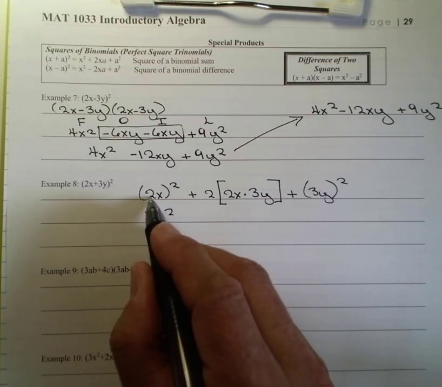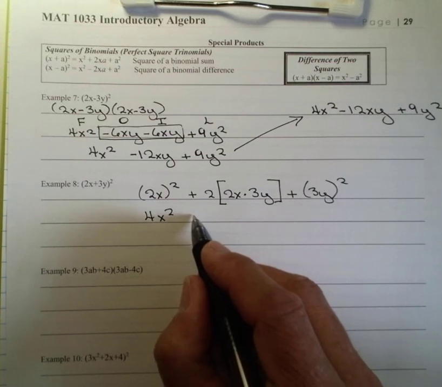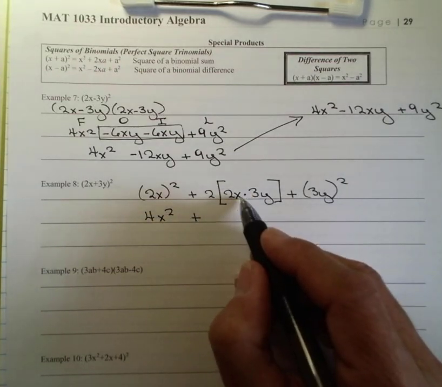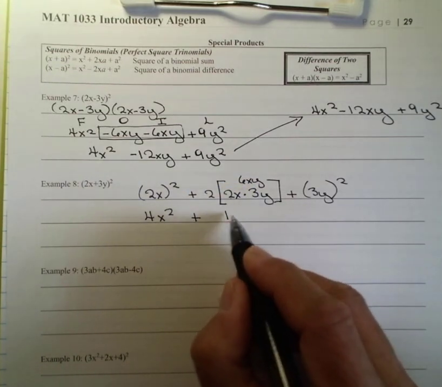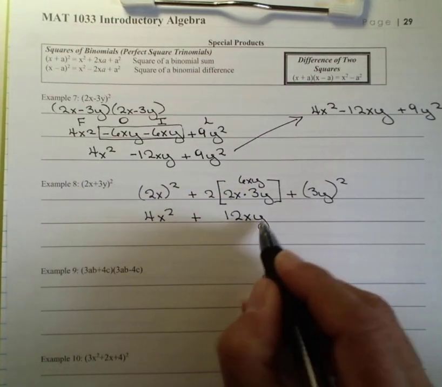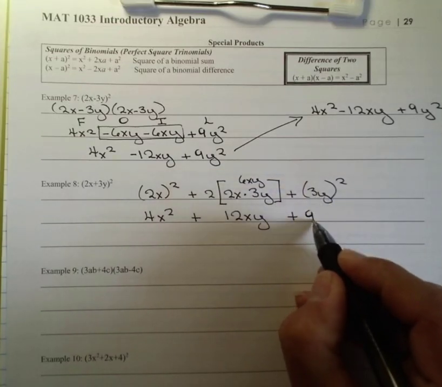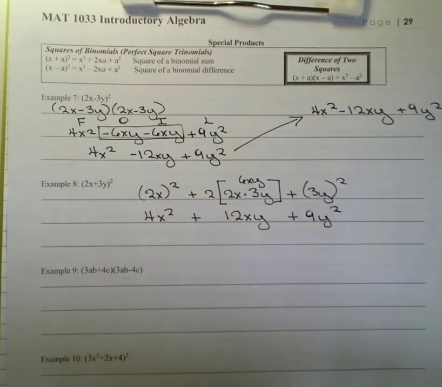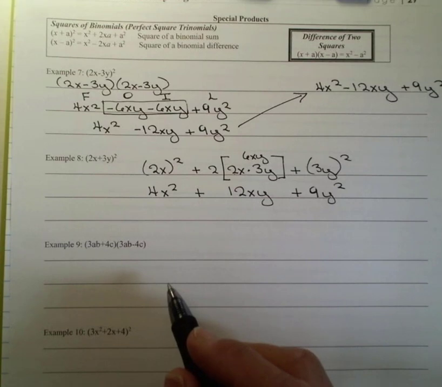Don't forget, you have to square the coefficient too. Plus, 2x times 3y gives me 6xy, times 2 gives me 12xy. And down here, 3 times 3 is 9, y times y is y squared. So I've done this one several different ways so you can see it with the pattern and without the pattern.